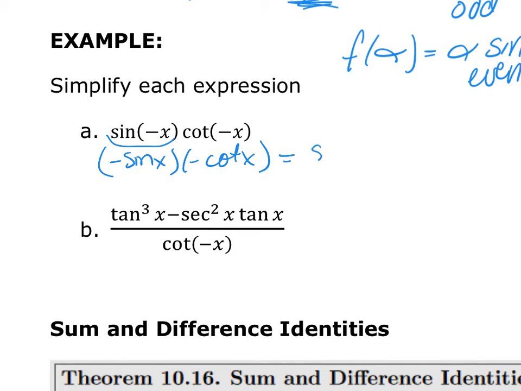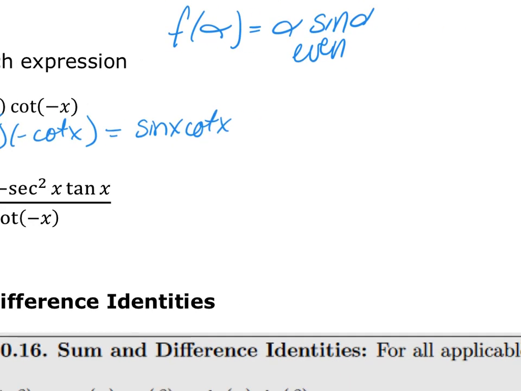So it ended up being the sine of x, cotangent of x. But cotangent is cosine over sine. So this is equal to the sine of x, and then the cosine of x over the sine of x. Now my sines will cancel, and my final answer is just the cosine of x.